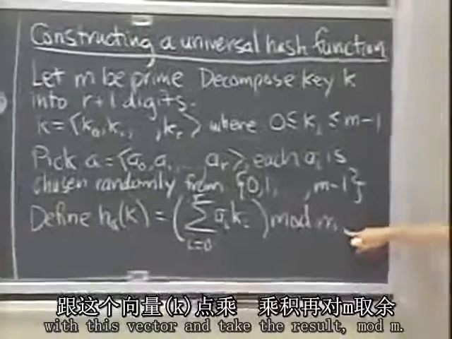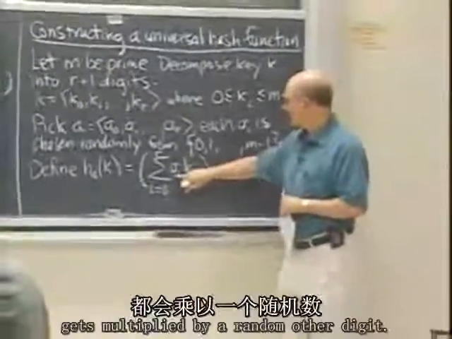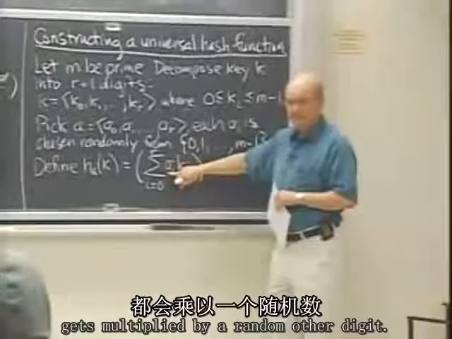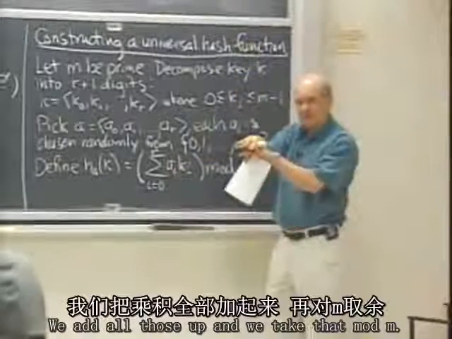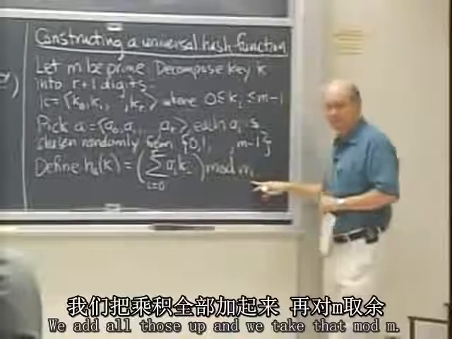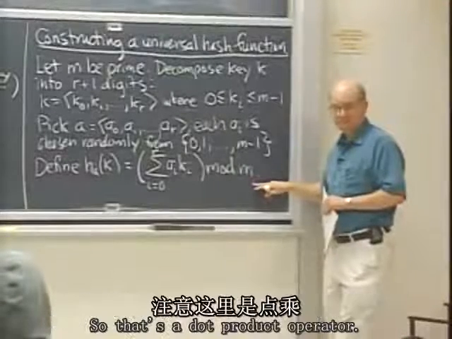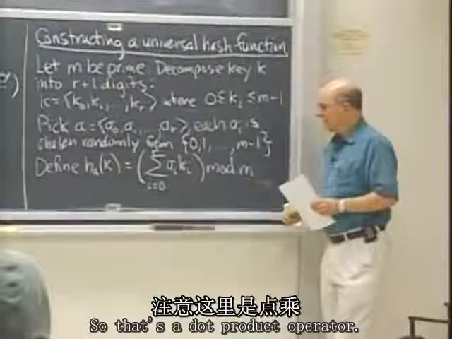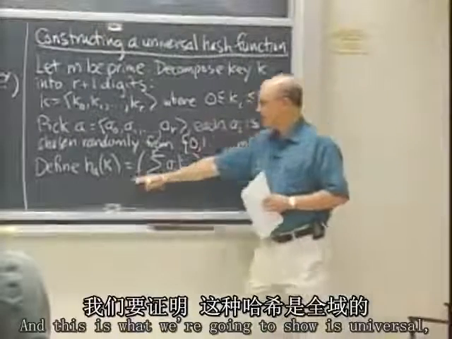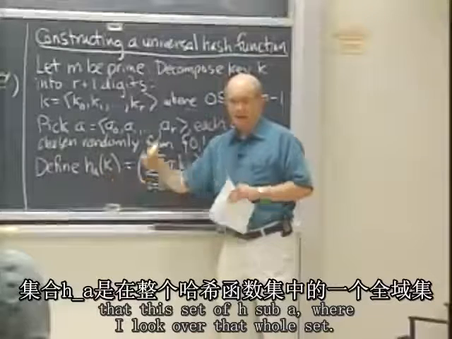So each digit of K, of our key, gets multiplied by a random other digit. We add all those up, and we take that mod m. So that's a dot product operator. And this is what we're going to show is universal, this set of h sub A's, where we look over that whole set.